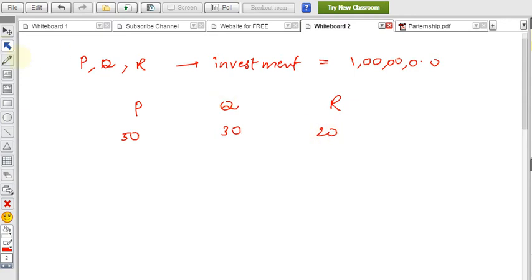The second condition is satisfied. P is 30 lakhs more than R, Q is 10 lakhs more than R. Okay, now this is true. If you simplify this, it is 5 is to 3 is to 2. Then they ask for Q's profit.